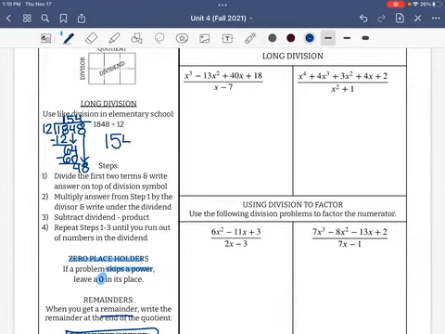And 1,848 divided by 12 is 154. For polynomials, we're going to do the same thing, but with x's and exponents instead of just numbers. So what you're going to do is write the problem with that division symbol like I just showed you, like this.